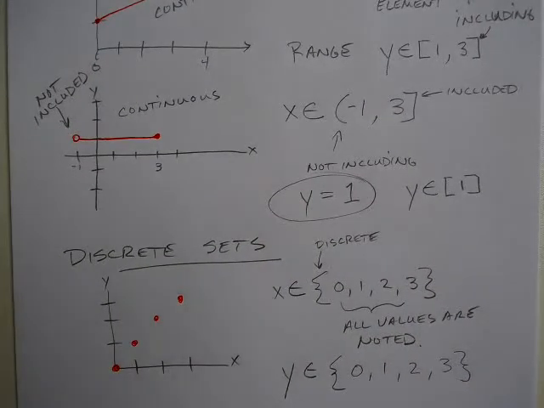How many numbers are represented in this continuous graph?